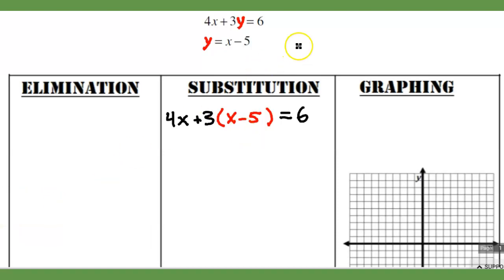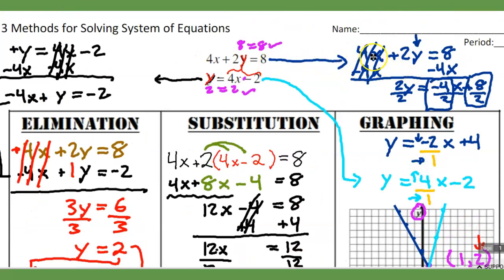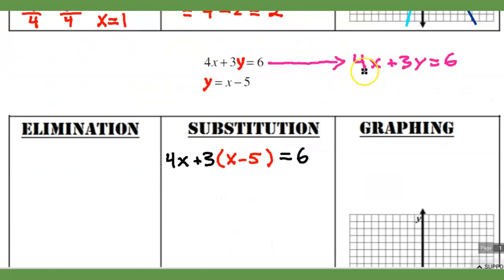Setup for the second, for graphing anyway, let's solve this one for y. And you can always use your notes above to see how it's the same exact format. First thing I did was subtract 4x, and then divide by 2. So this time I'm going to subtract 4x, but I'm going to divide by 3.